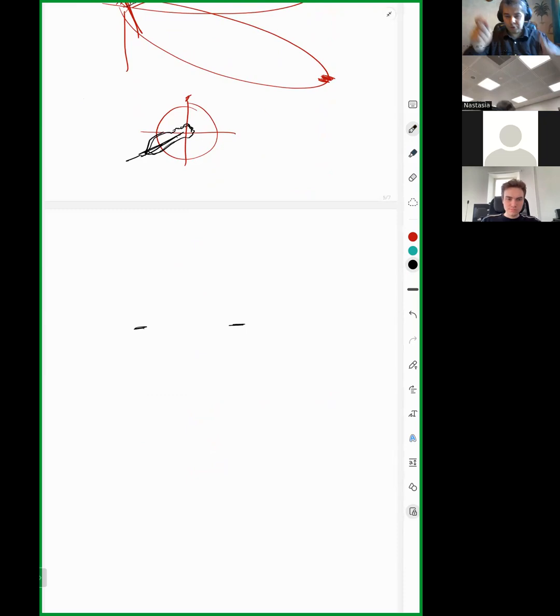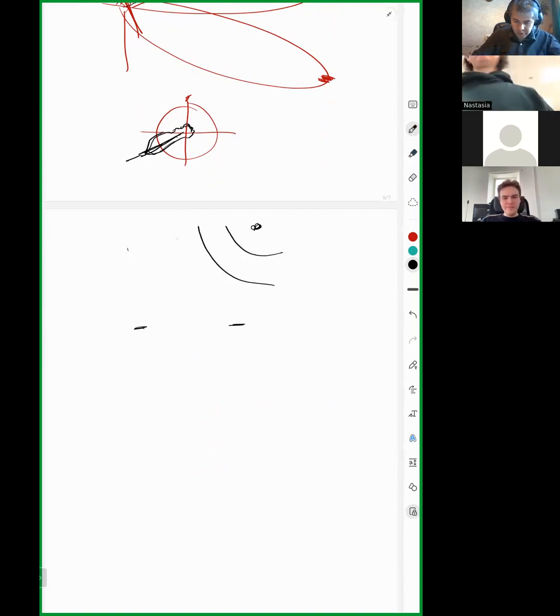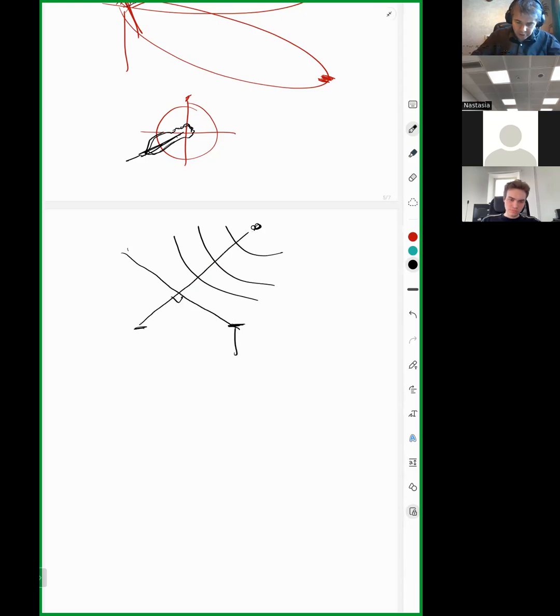When you have a source here far away, the acoustic front is flat. At this sensor the signal arrives earlier, and at this sensor it arrives later, and this is delta t. This delta t tells you about the direction of the source.